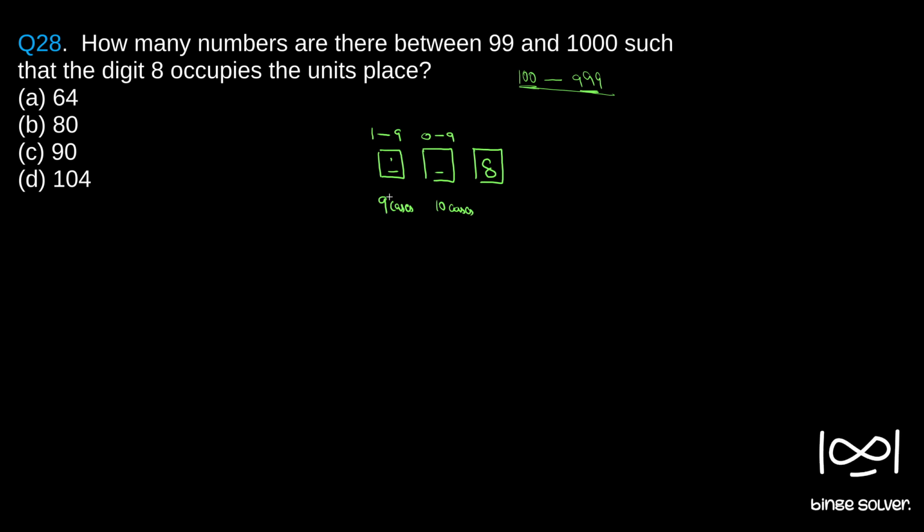Irrespective of the digit placed in the first place, we have 0 to 9 options for the second digit, since the digits may repeat. So the total number of cases is 9 times 10, 90 cases. So the solution to question 28 is C, 90.